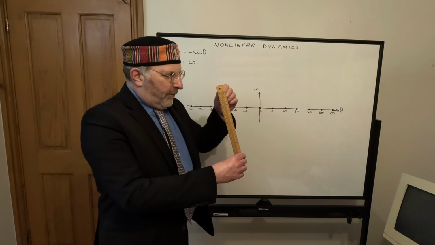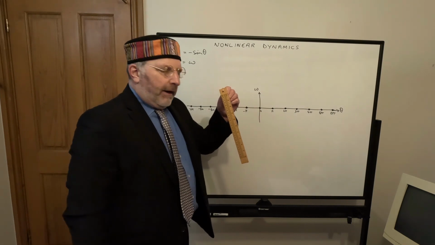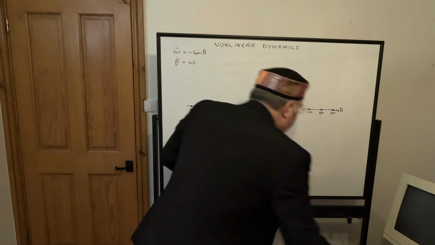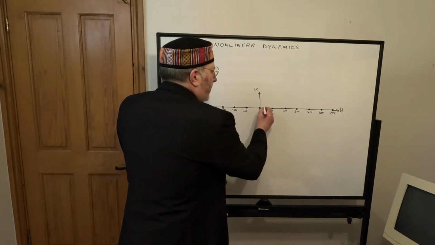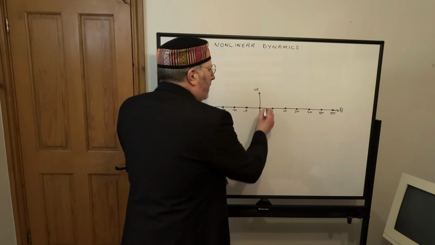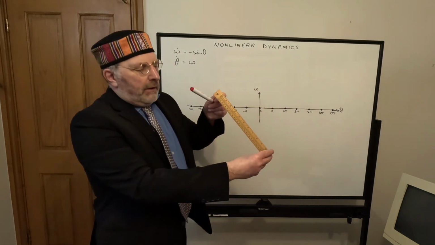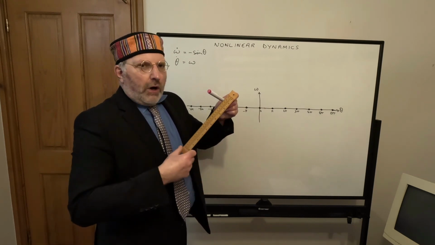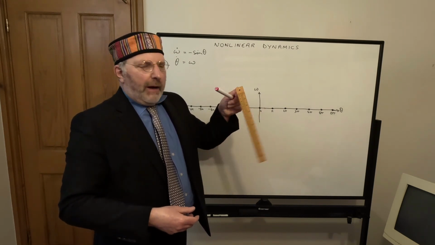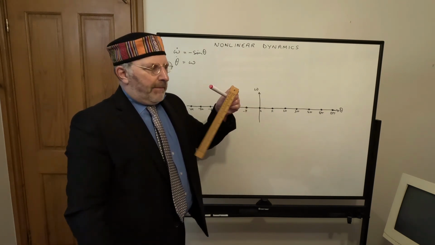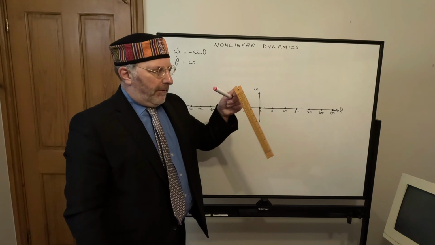What happens if we start a little way away from 0? Well, we're going to just oscillate, as we know how pendulums work. If I move this away there, it will just oscillate back and forth around the 0.